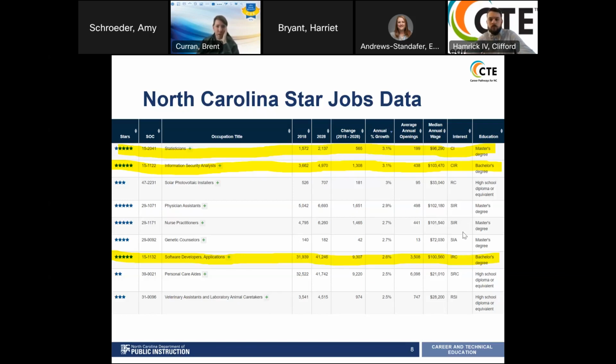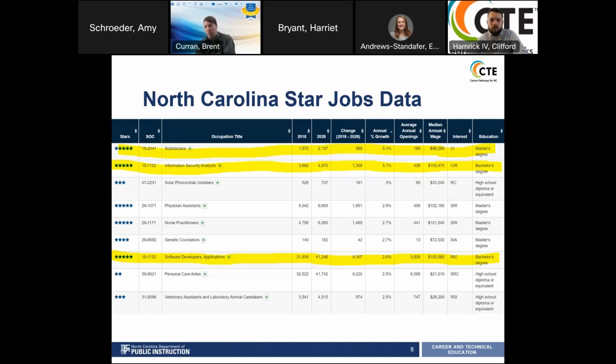And if you look at the median annual wage on those, most of those are hitting about six figures with a bachelor's degree, whereas some of the other jobs we have up there, you could be a physician assistant or a nurse practitioner and make the same amount, but you would need a master's degree. So students in our program area have a large opportunity to make a very high wage and a high growth position.